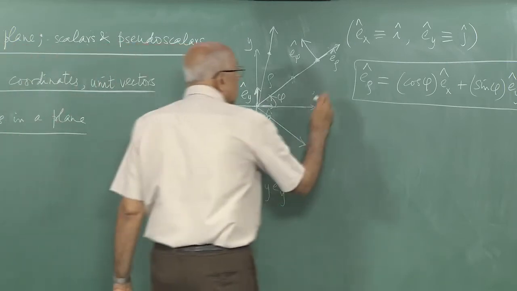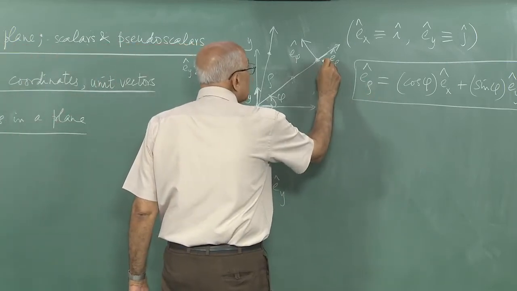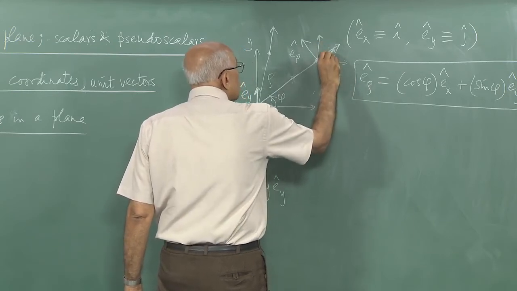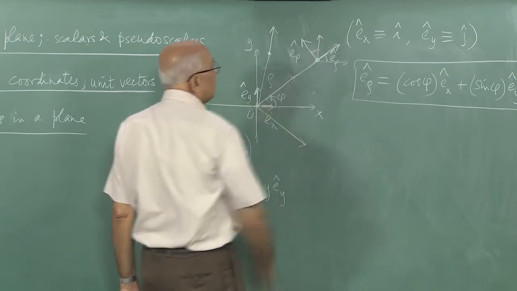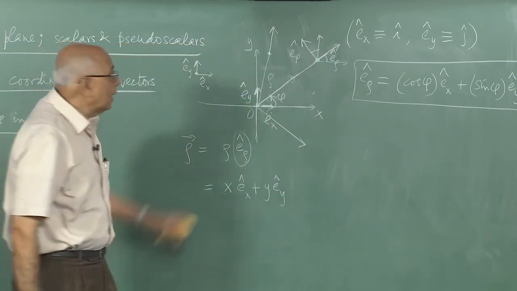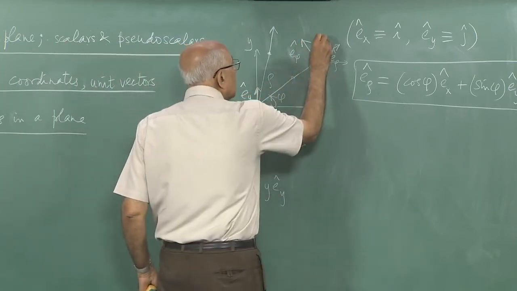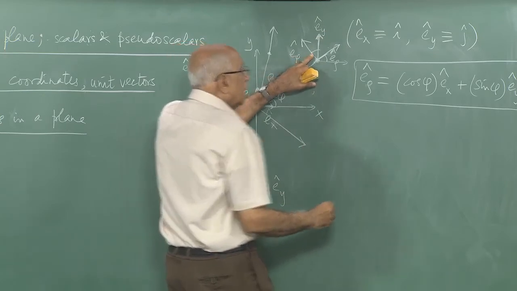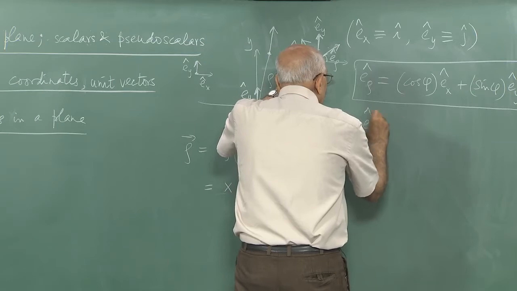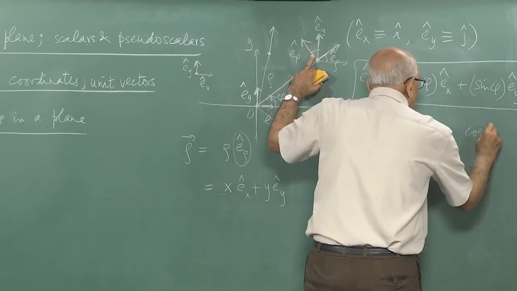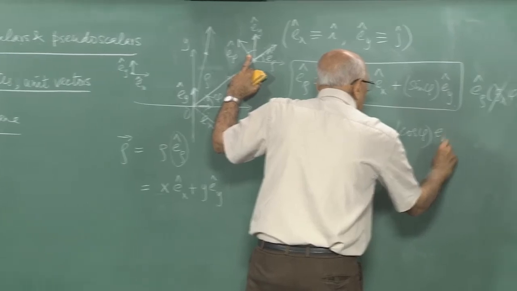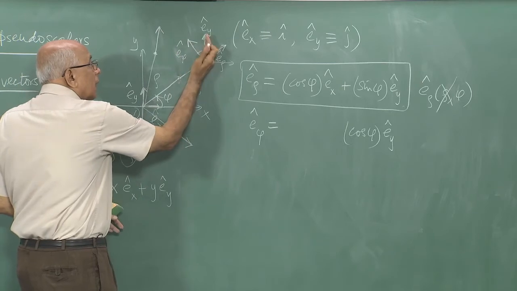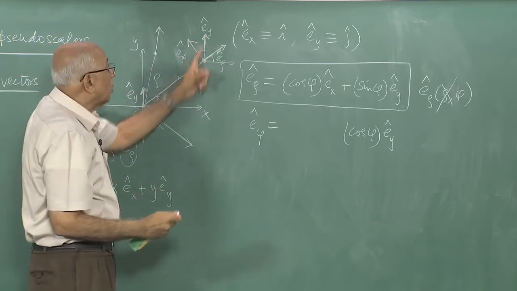Again, it is easy to see what it will look like in Cartesian coordinates in terms of Ex and Ey, because in the same figure, Ex along here, Ey along here, this angle is phi, therefore this angle is phi immediately, and E phi has a component along Ey, and this angle is phi. So it is clear that E phi equals cos phi times Ey, because the projection of this on that direction has a cosine and it is along Ey.